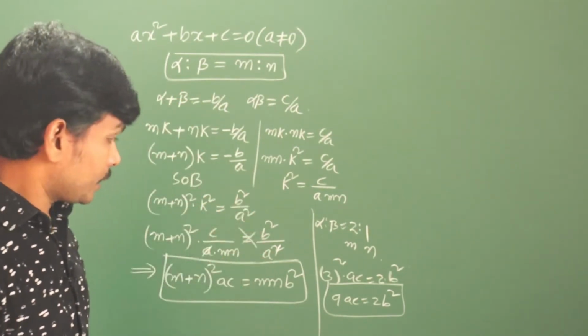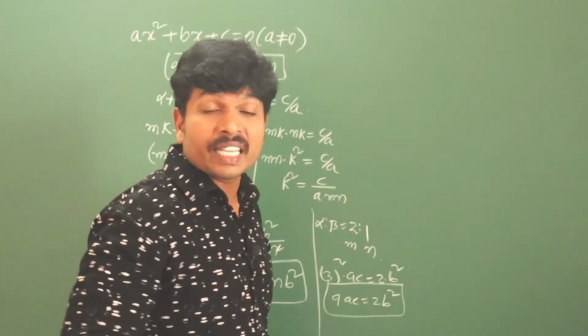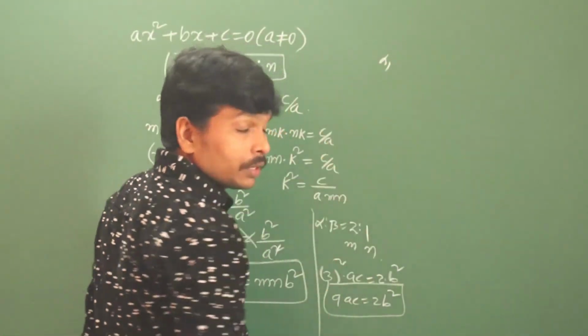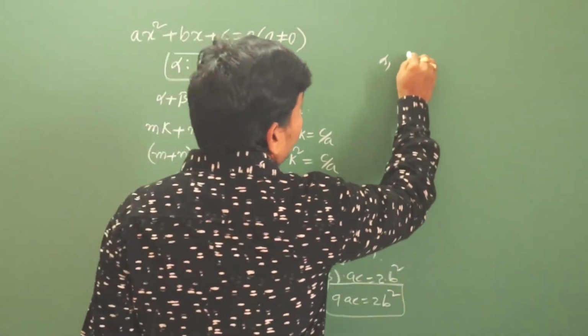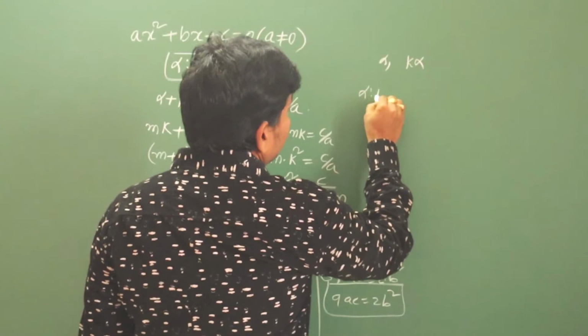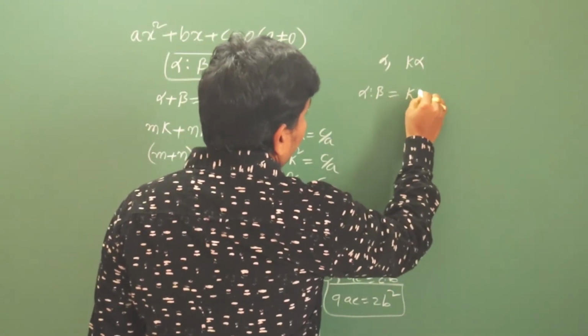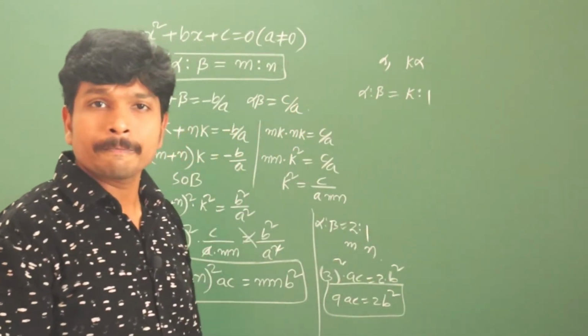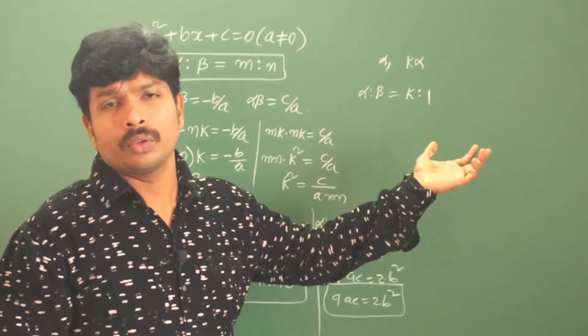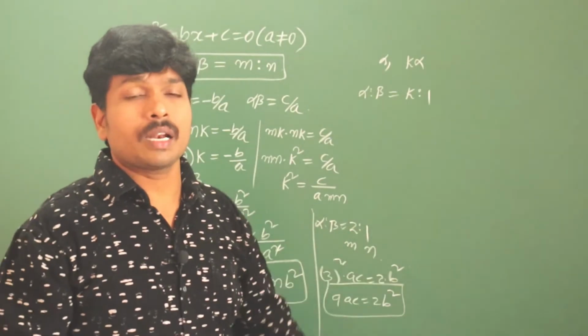You must remember it. And one root is k times the other root. If one root is alpha, then the other root is k times alpha, k alpha. Yes or no? So your roots ratio alpha is to beta equal to k is to 1, you take it, or 1 is to k also you can take. One root is k times the other root. Which root is k times is not necessary.